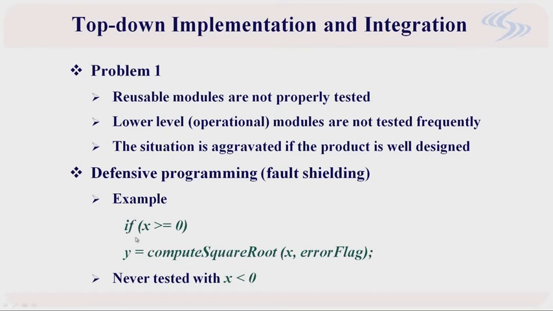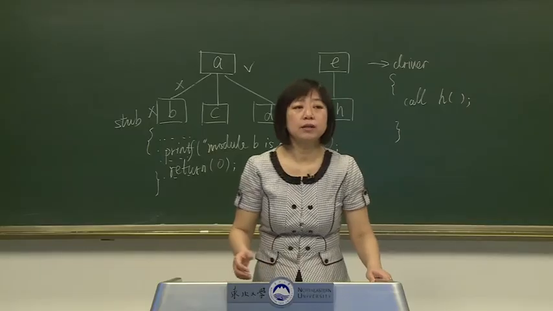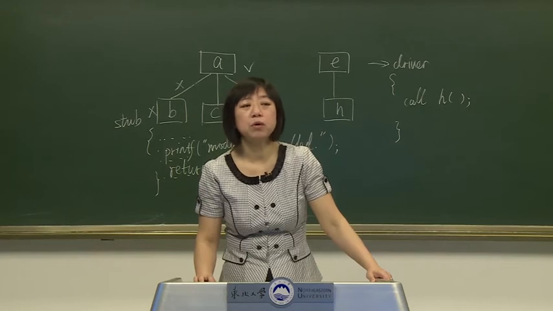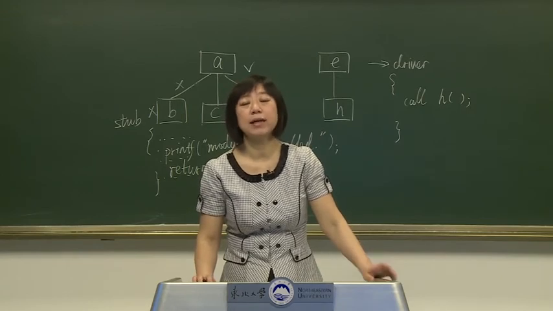For example, someone designed the system in this way: if x is greater than or equal to 0, y is equal to compute square root of x. Surely the designer is trying to avoid mistakes by making sure that x is valid. Well, maybe it is a good design, but we find that the module compute square root will never get a chance to run with an invalid value. So this module will never be tested with x less than 0.